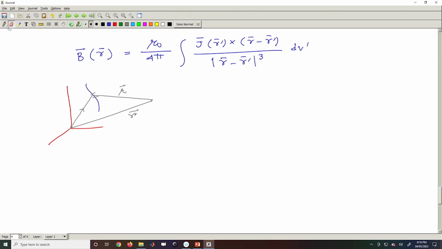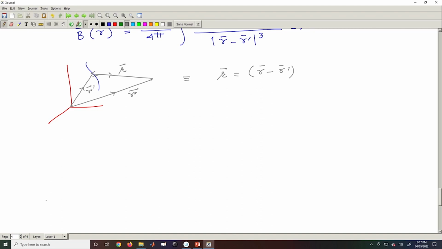I need to be careful enough in writing the notation. So these are the three vectors that were involved here. So that means from here I can write my curly r is r minus r prime.